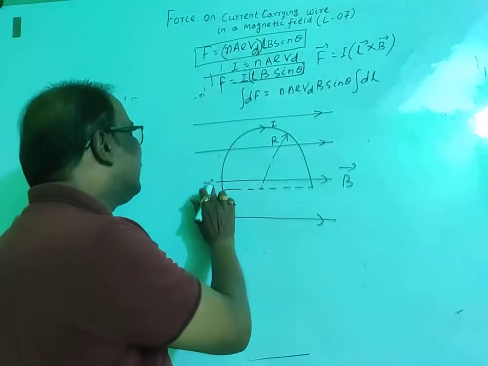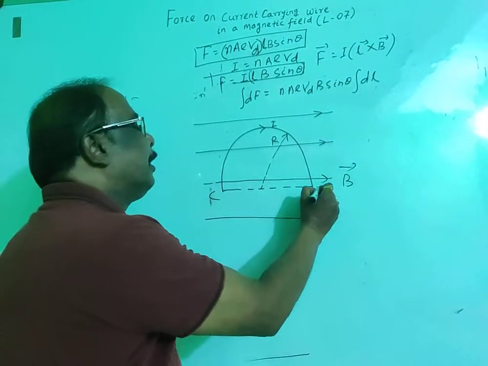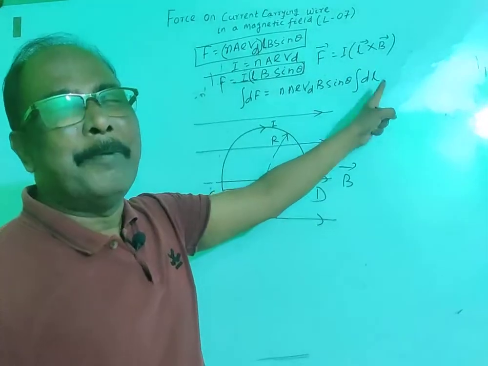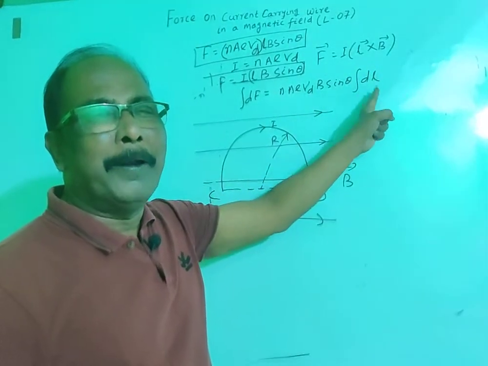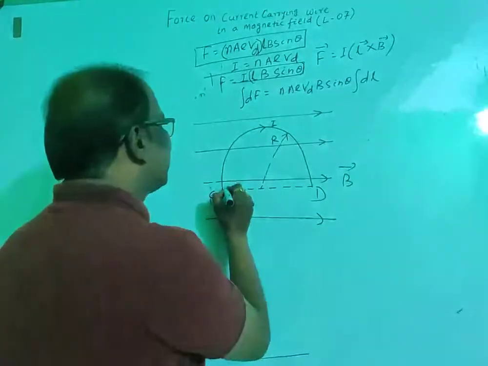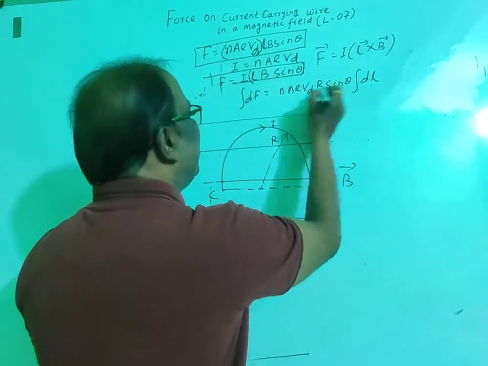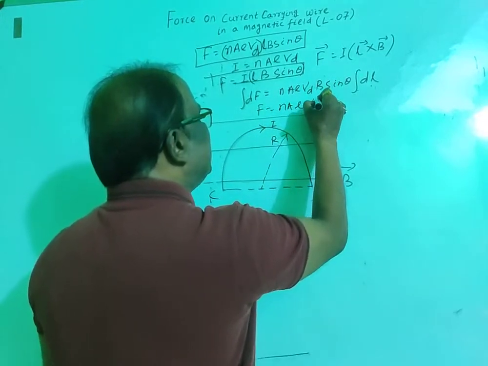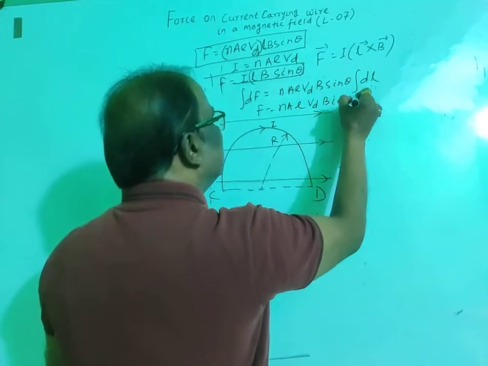The initial position is C, the final position is D. The vector sum of dL is L.